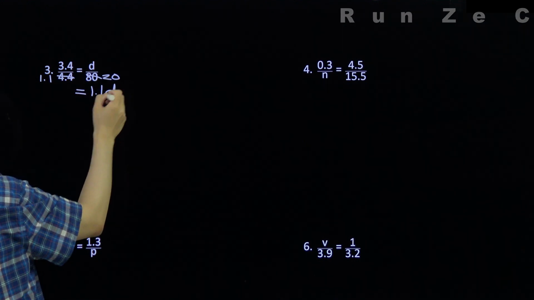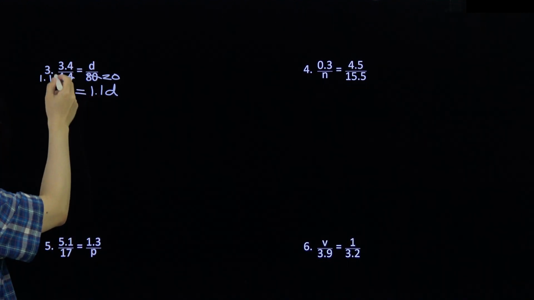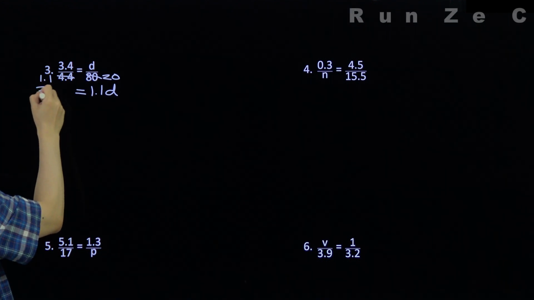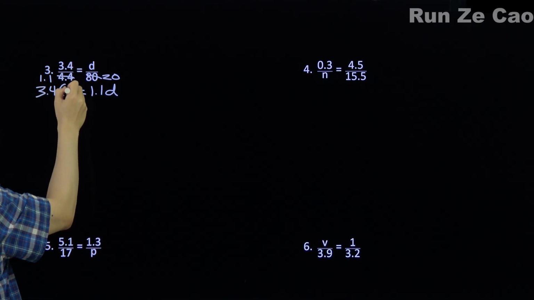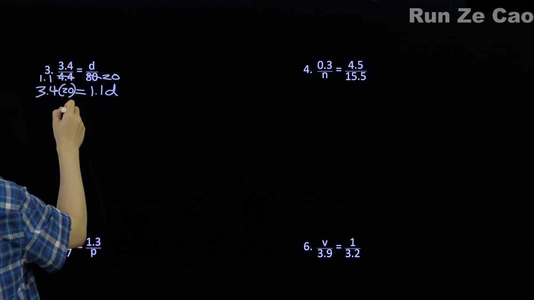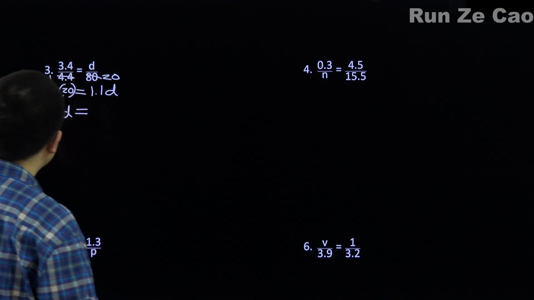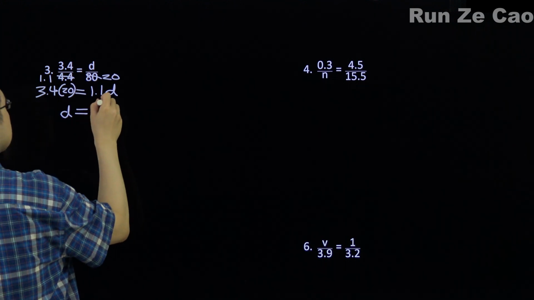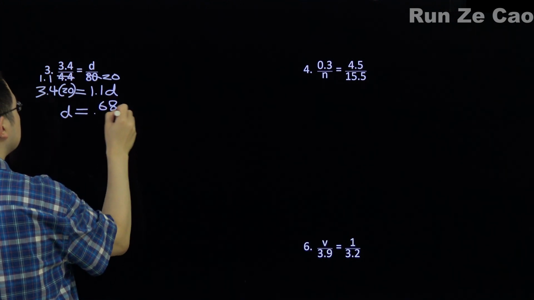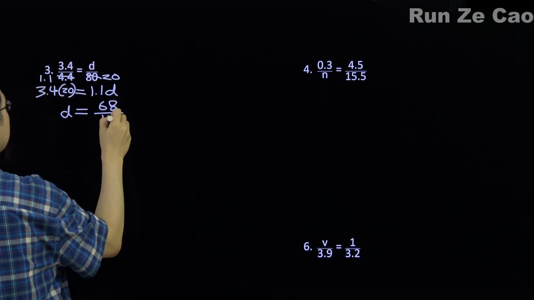Not particularly. 3.4 times 20. 4 times 20. Okay, D is therefore equal to 34 times 2, which is 68 over 1.1.